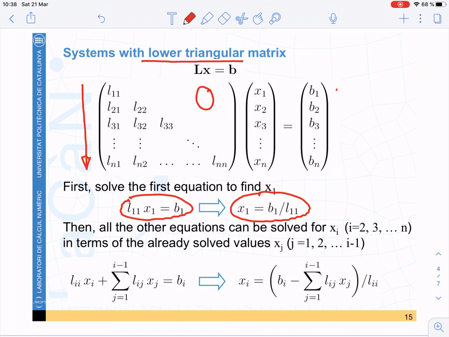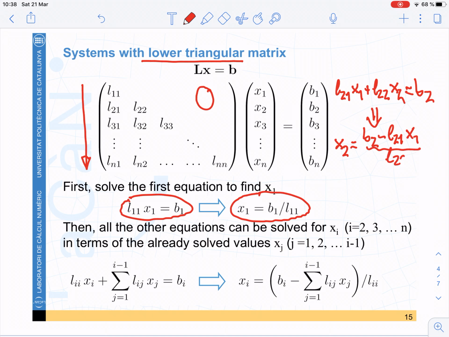The second equation reads L21 x1 plus L22 x2 equal b2. And because we have just computed x1, x2 can be obtained simply as b2 minus L21 x1, over L22, and so on.